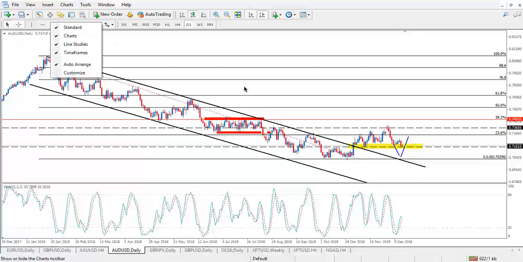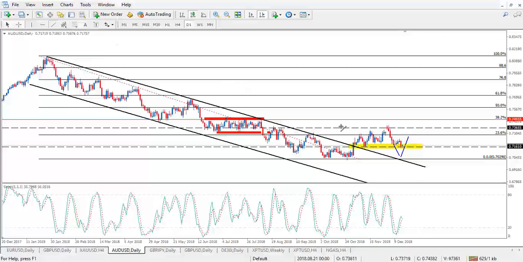The price goes down and then the stochastic goes down, those two lines, the green one and the pointed red one. So the price goes down below 20 again, and then it goes up. As a result, the price goes up at the same time.